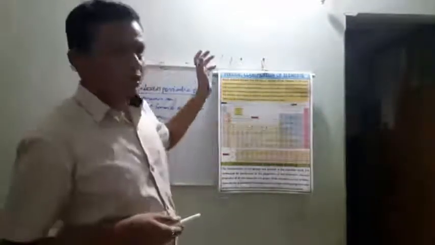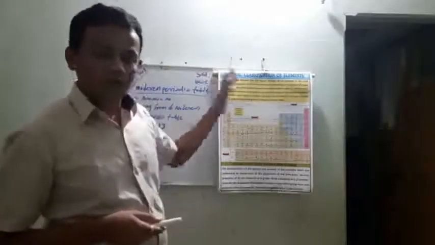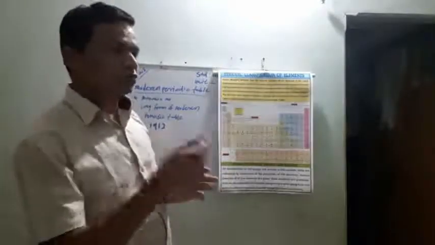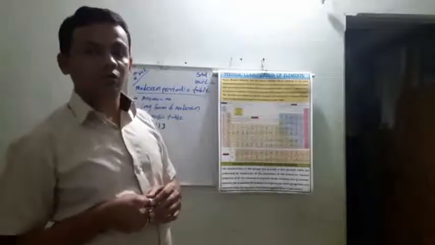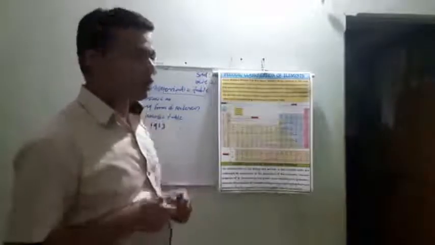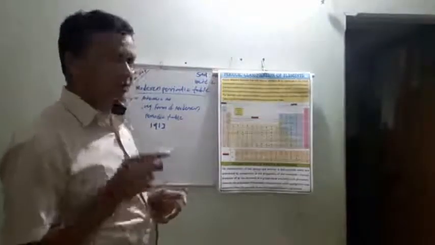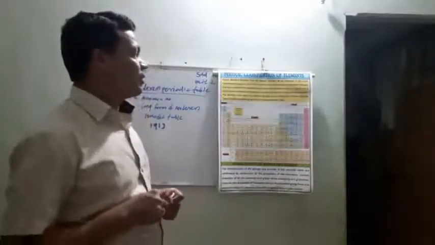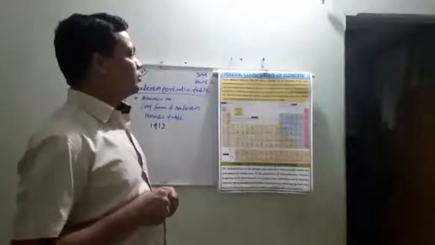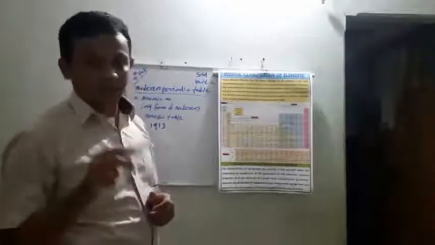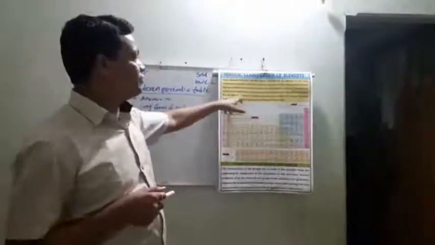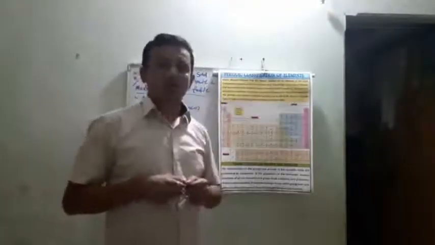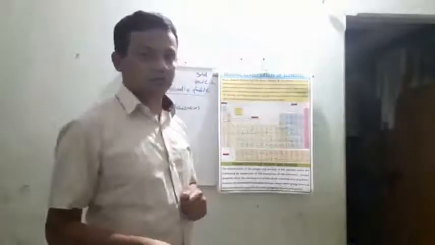So Mendeleev's periodic law was now converted into a modern periodic law, and that law is given as: the chemical and physical properties of elements are a periodic function of their atomic number.